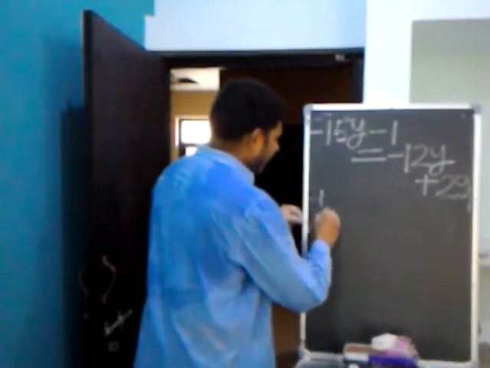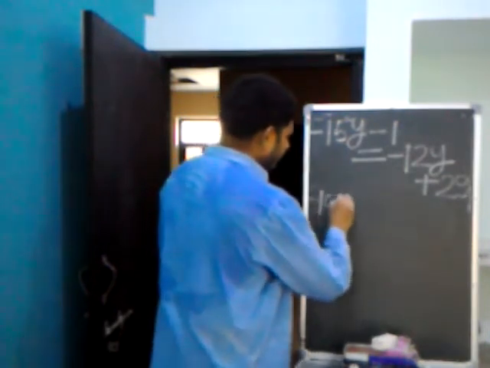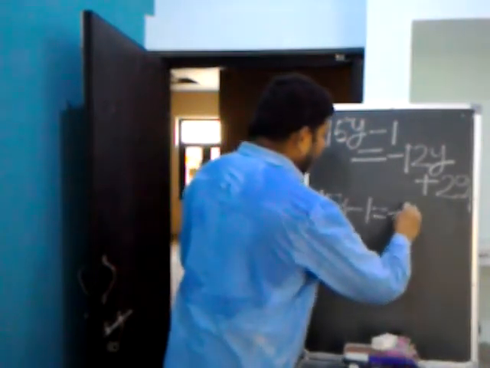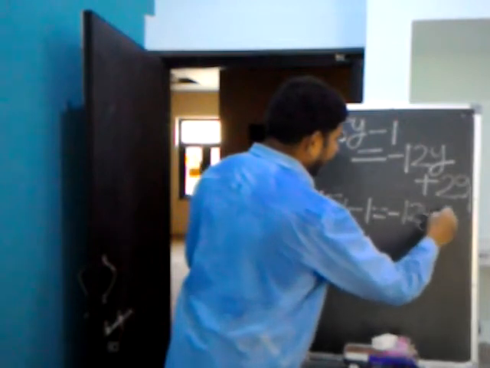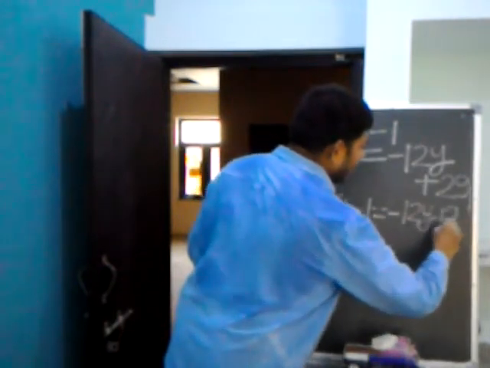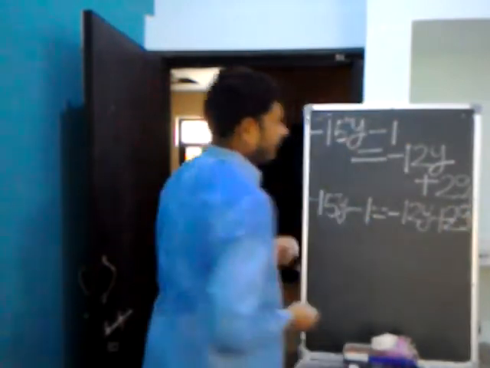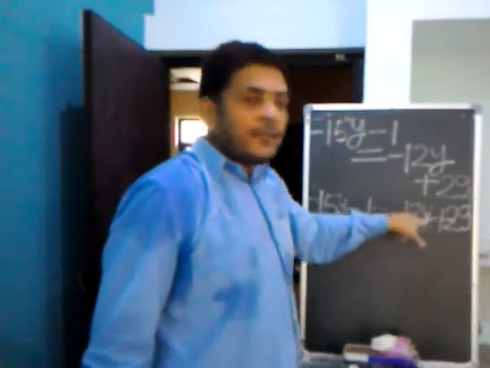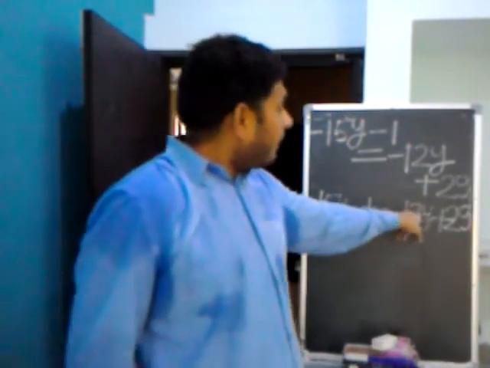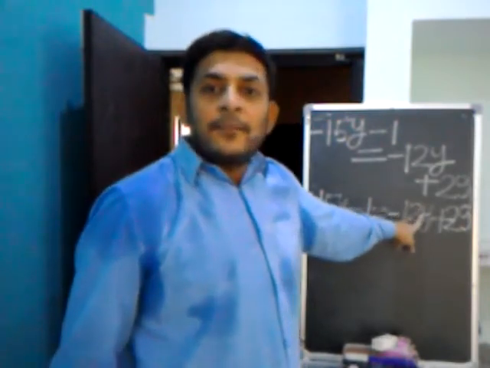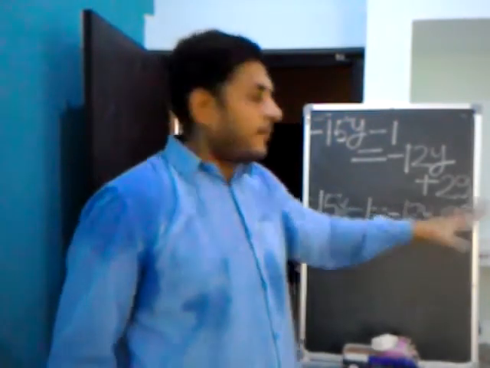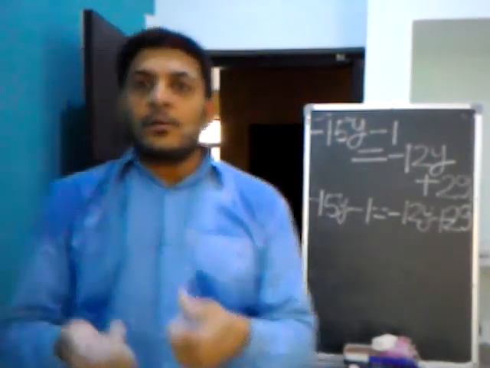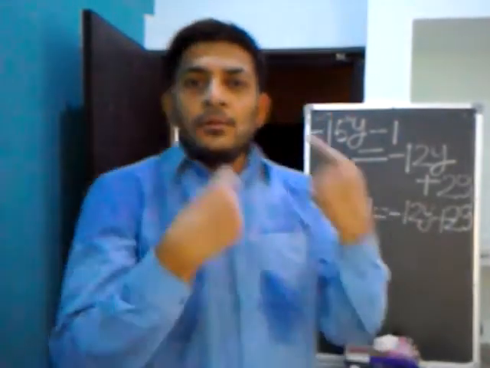Now my equation looks like this: minus 15y minus 1 is equal to minus 12y plus 29. Now I have to move the part having a variable, all of it, because there is a sign of multiplication and these cannot be separated. And I have to move this minus 1 part, because it does not have a variable, to the right side.